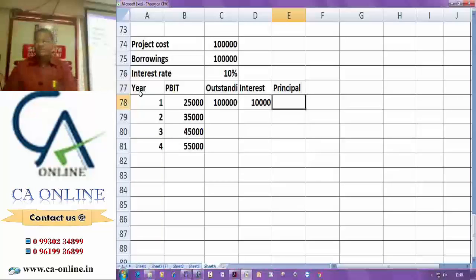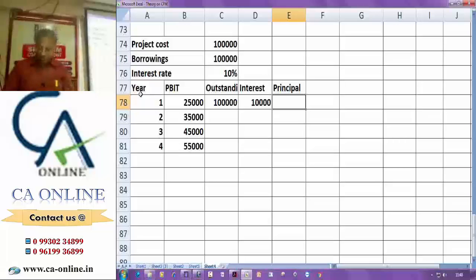15,000. I am such a faithful person in this world where I don't have any cheating instinct in my mind. I'm so innocent that I would like to pay off the balance amount to the lender. I am the borrower. So how much can I pay? 15,000. In 25,000 rupees I pay 10,000 rupees towards interest.